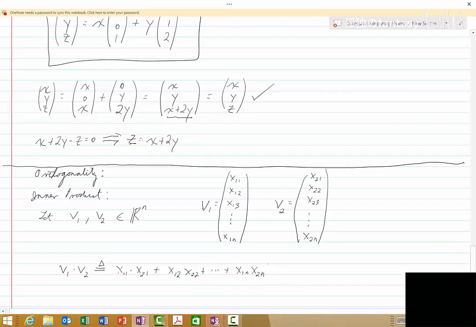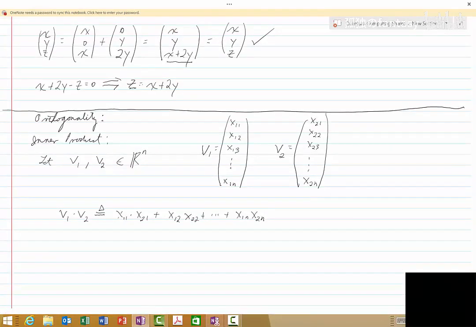So you just multiply the first components together, the second components together, the third components together, and so on, and then add up all of those products, and the total is the dot product or inner product of V1 and V2. This is an idea that I imagine all of you have seen before, but still we can look at a couple of quick examples.